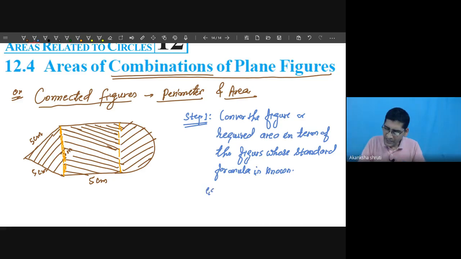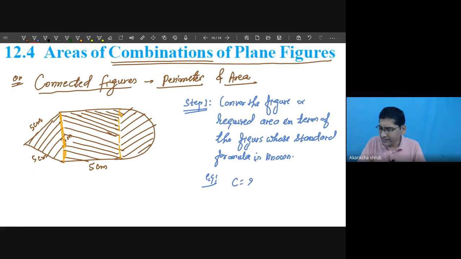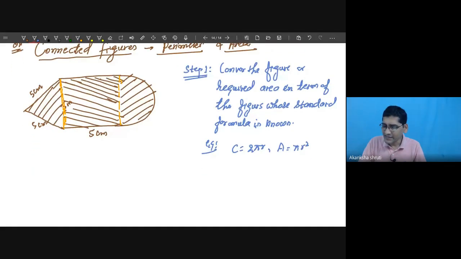Example, what is that? If there is an entire circle, then circumference is 2 pi r. For area, it is given by pi r square. If some part is a hemisphere, sorry, semicircle, then C by 2 shall be taken, meaning pi r shall be taken.